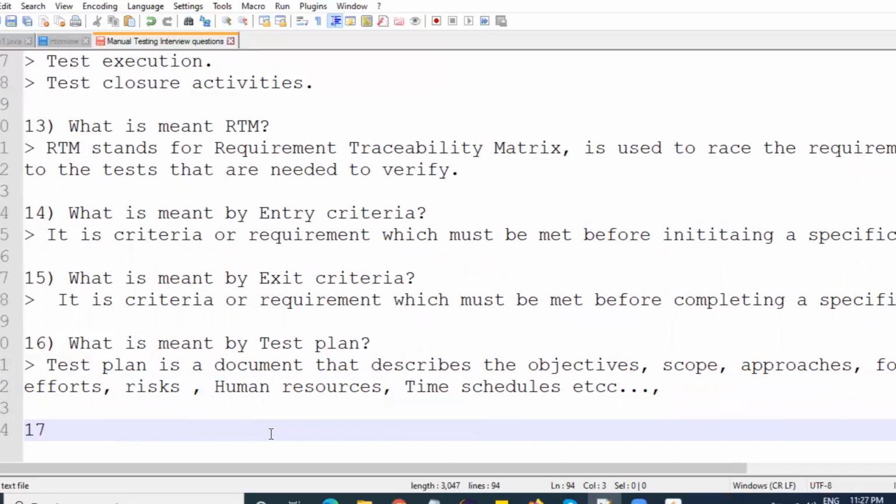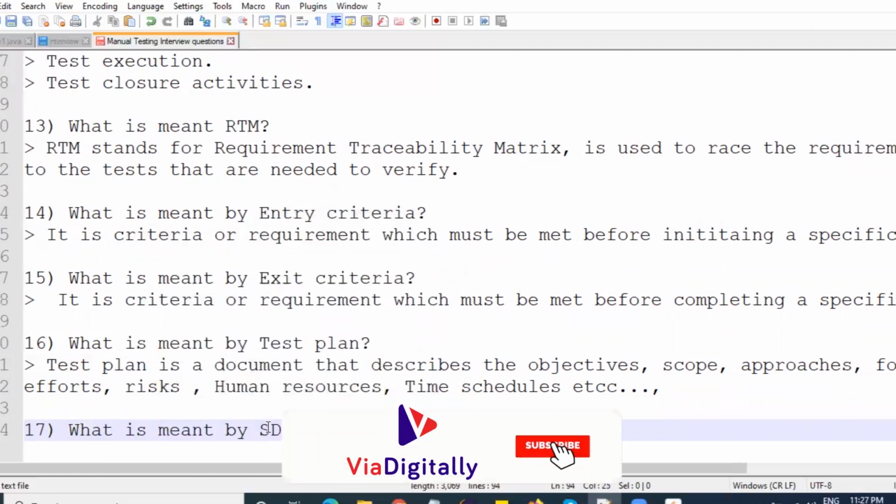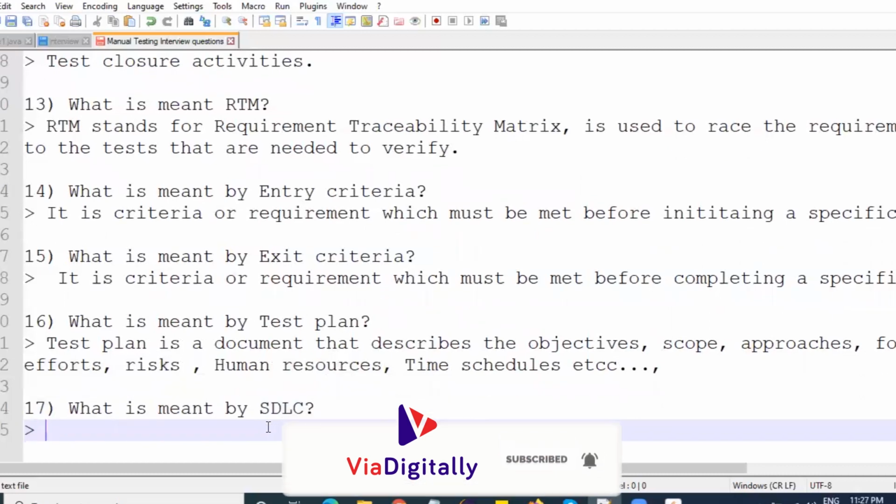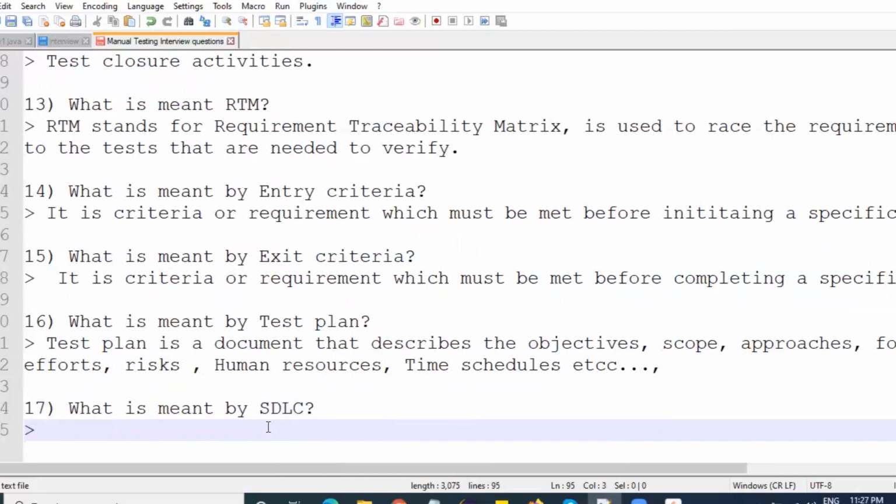Okay, now the next one. Any questions here? No, right? We'll jump into SDLC. As of now, we know that what we have discussed describes the testing related activities, or the test process we do in SDLC.